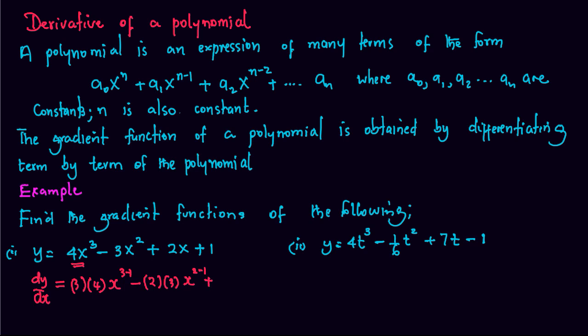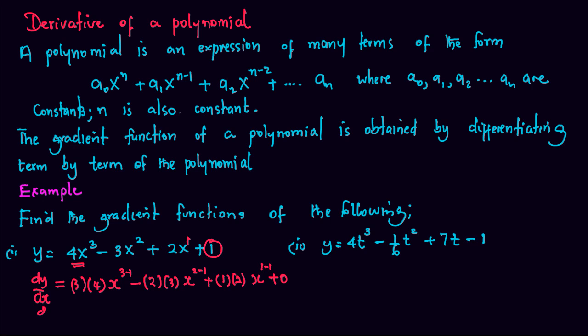And the derivative of the third term, we have a silent 1, 1 multiplied by 2, the power reduces by 1. And the derivative of a constant is 0.